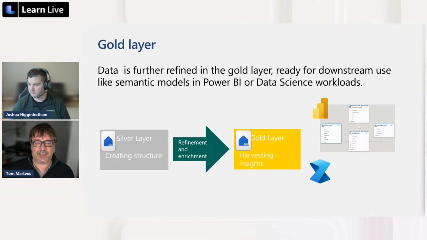I have bronze and I have silver, and then I refine it, aggregate data, so that I can build my star schema that can then be used by Power BI, or the gold layer tables can also be used by data scientists. Yes, so this is the gold layer. It's done. Everything is cooked. It's on the menu, and now you can choose. If you now go to the next slide, please.